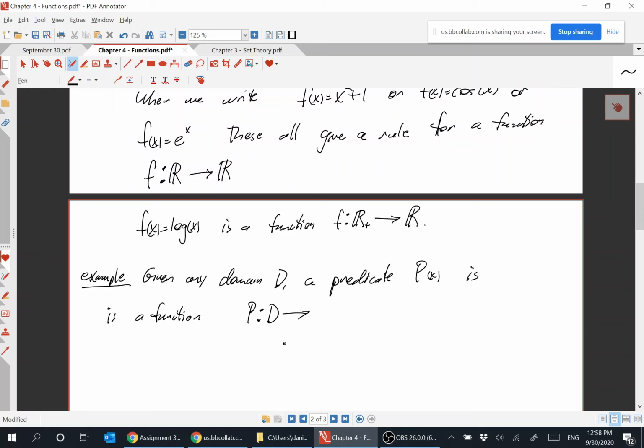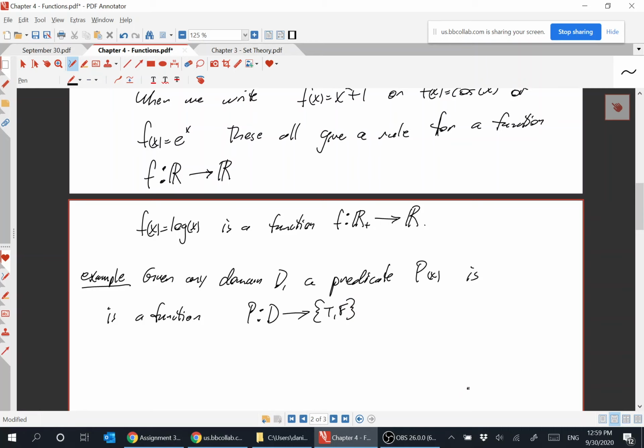The result is the truth value? Yeah. So the range is just T, F, true, false.